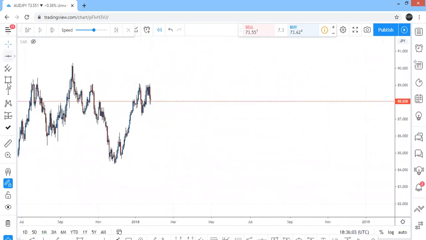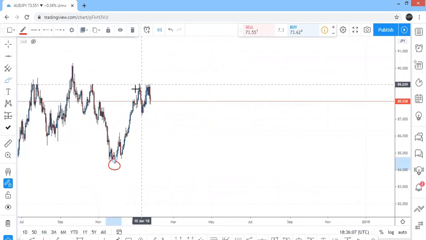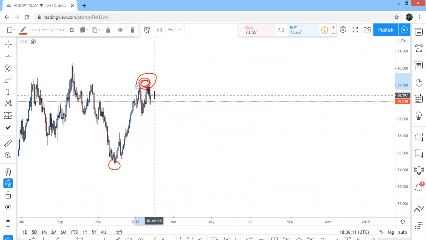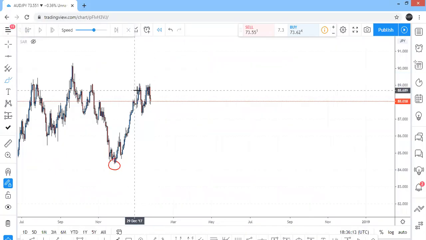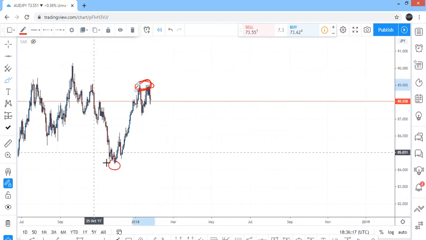So let's look at this one over here. Okay, let's say, for example, we're looking at a new week and we want to make an informed decision, but we're waiting to see if this range breaks the pivot.